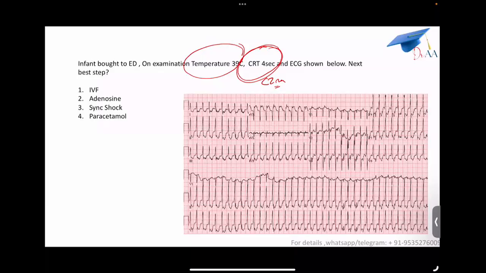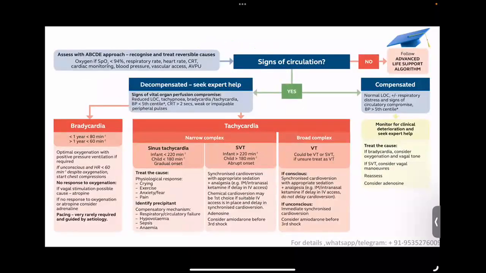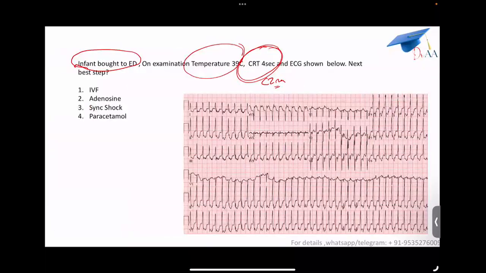Paracetamol. Shock. It's adenosine. In infants, if you go through the algorithm here, we call it SVT if the heart rate is more than 220. Here, if you see, approximately, I'm not calculating perfectly, it is 1.5 blocks. 300 divided by 1.5 comes to around 200 odd.